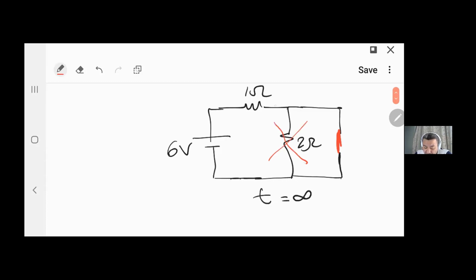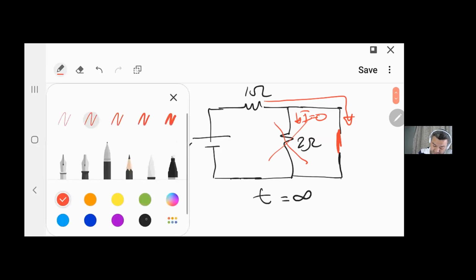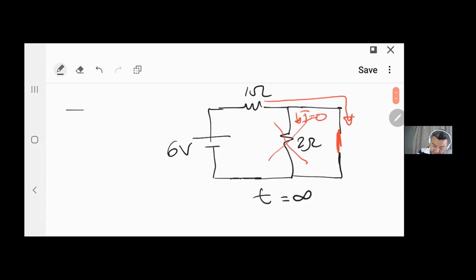All the current now is going to go this path. No current is going here anymore because of this wire that is shortening out this 2 ohm resistor. So in this case, the current IL now would be 6 divided by 1 equals 6 ampere.